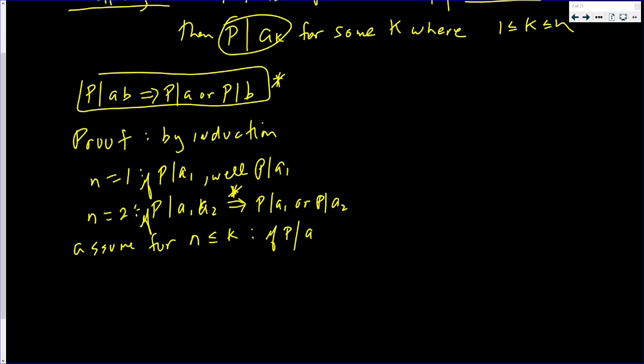If P divides A1 all the way up to An, then we assume that P divides Ak for some k in the integers from 1 to n.